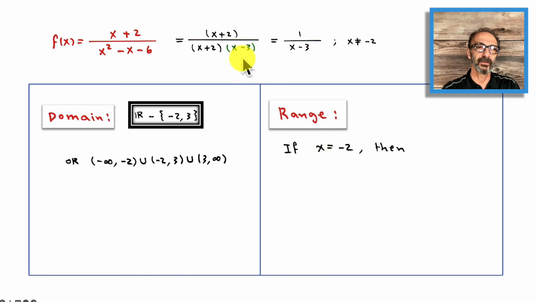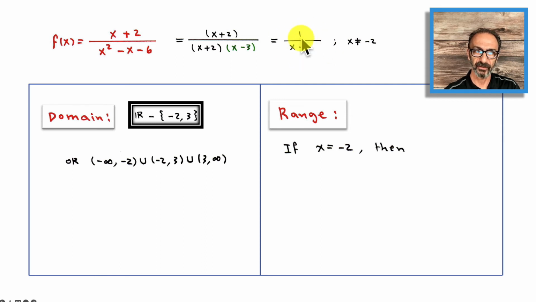You know that we have a hole at x equals -2. So if it's filled, it's going to have a value. But that value should be out of my range because I don't have an image there. The y values are not defined when x equals -2. So if x equals -2, we could play the trick here and use that in the simplified.